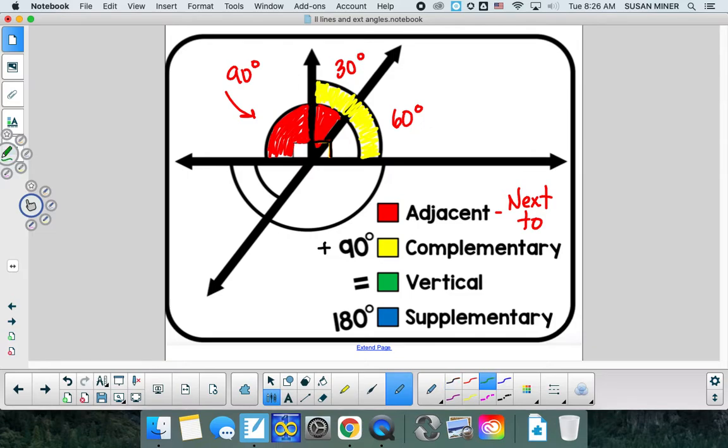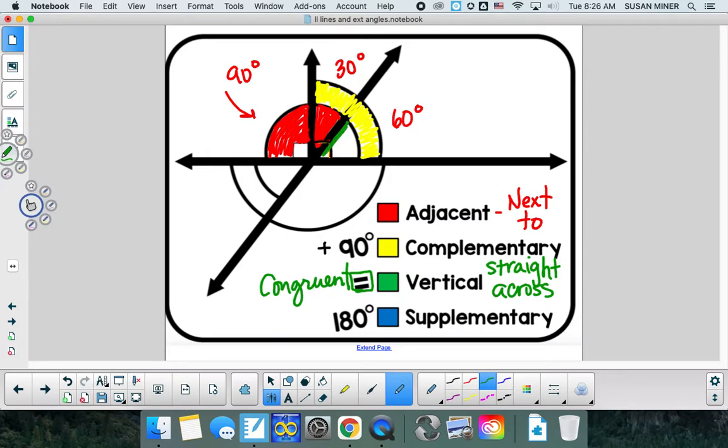The next one we said, hey, any angles that are straight across the transversal from each other are vertical angles. And vertical angles are congruent or equal. The word congruent means equal to each other. They're the same measurement.